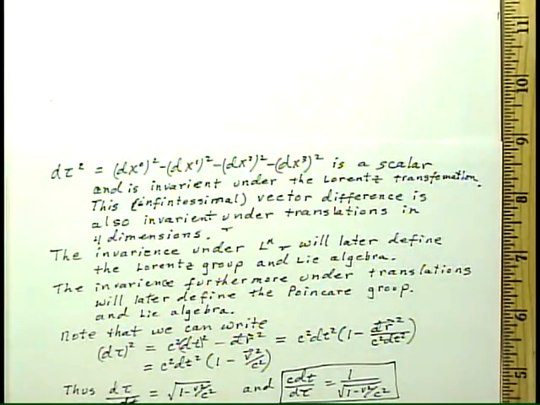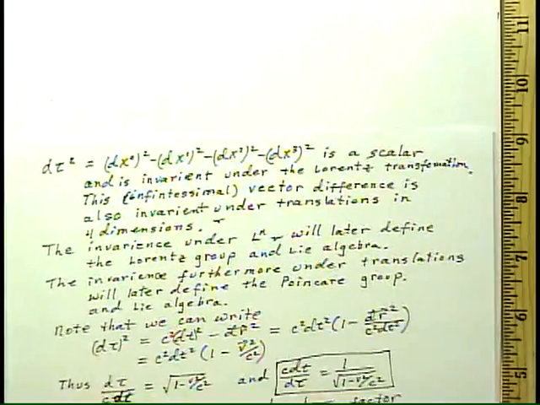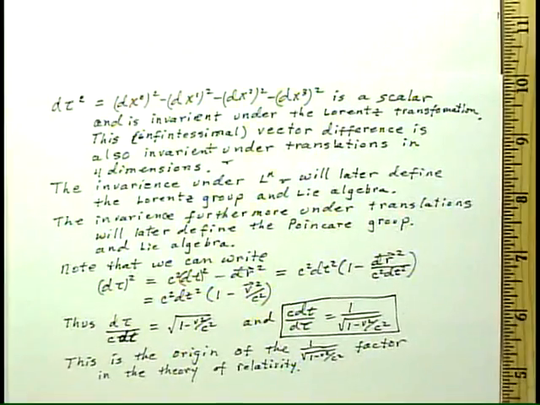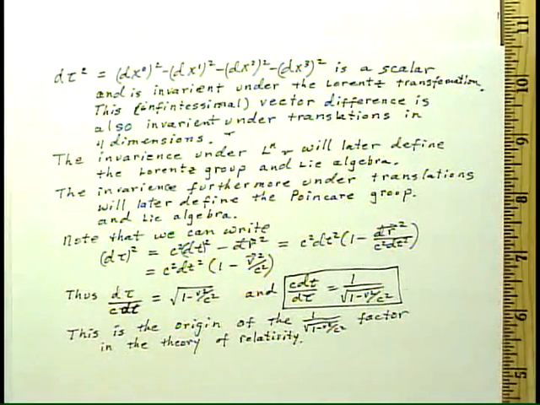It is incredibly important that one realize that this is the origin of the 1 over the square root of 1 minus v squared over c squared factor in all of the theory of relativity. It is the ratio of one clock to another clock that sits on the particle, as we'll soon see. In fact, one can see an indication of that right now.